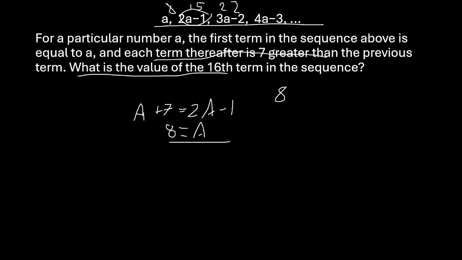So if we want to know, let's say, the third term, we have that 8 is the first term, and we add 2 times 7. So 8 plus 2 times 7, 8 plus 14 will be 24. This works. So the nth term of the sequence would be 8 plus 7n, because after the first term, every term is 7 greater.